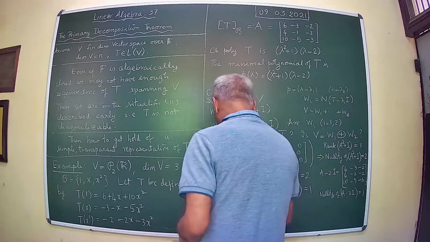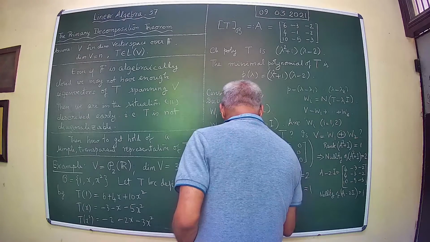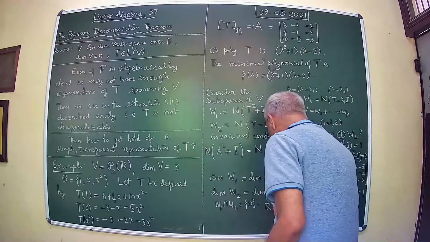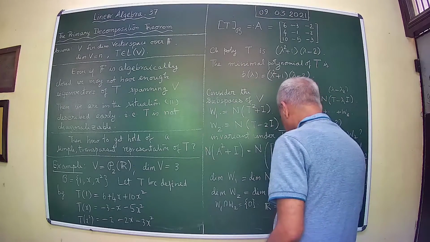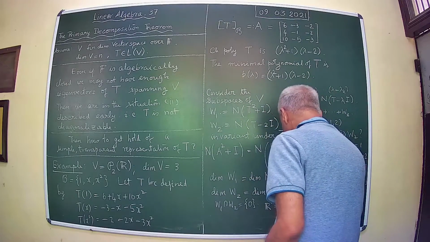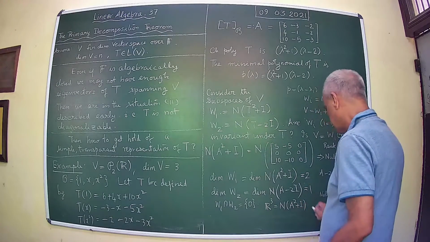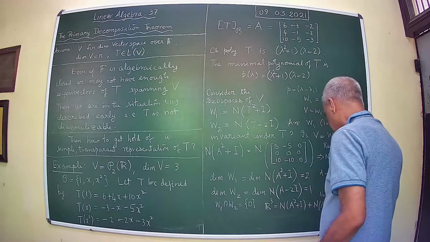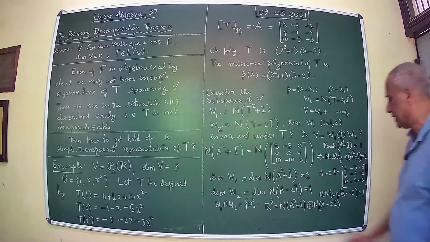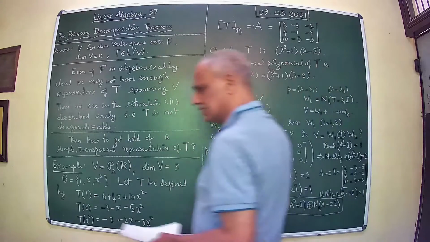Therefore, you can easily check that 0, therefore you have this breakup available, and this is a direct sum breakup. These are all simple computations.